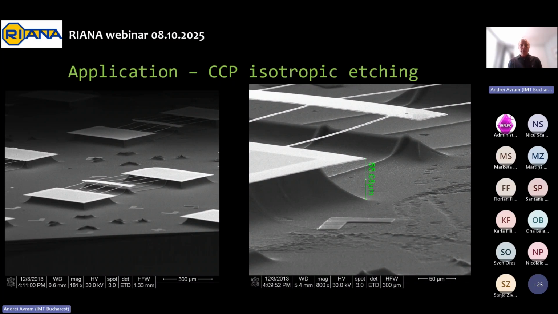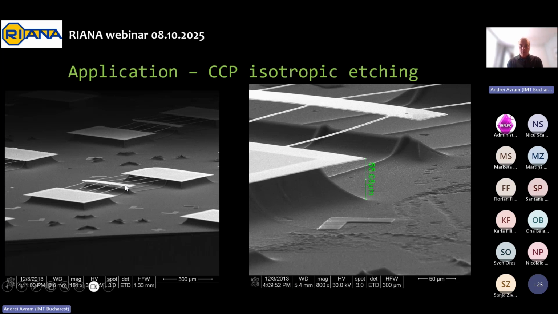And this is a very nice example we did quite a few years ago. What you can see here is aluminum metal, which is patterned on top of silicon wafers. And the user wanted to have this central bit suspended above the silicon. So we used a purely isotropic, chemical etching process inside of our reactive ion etching system.